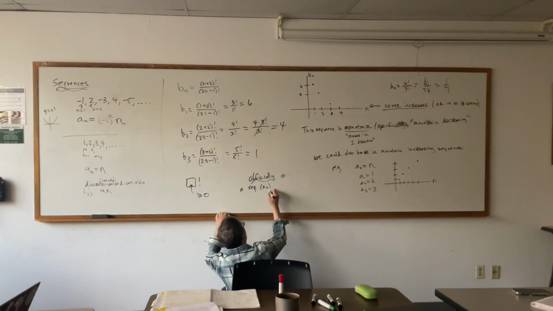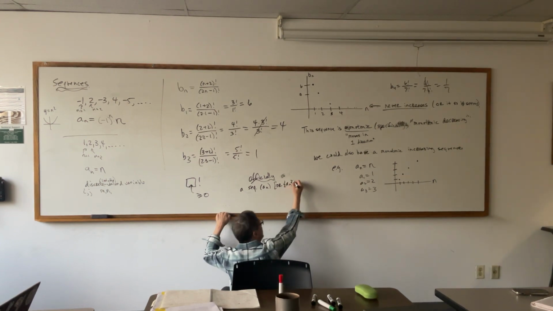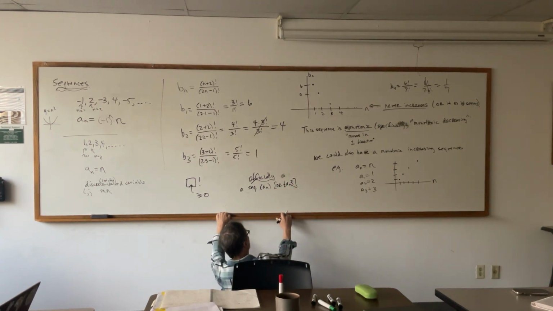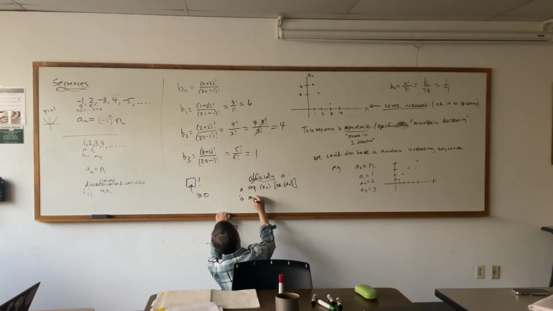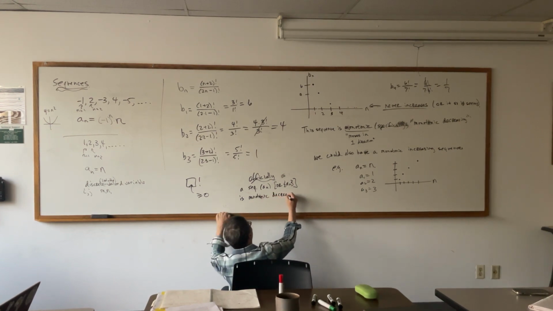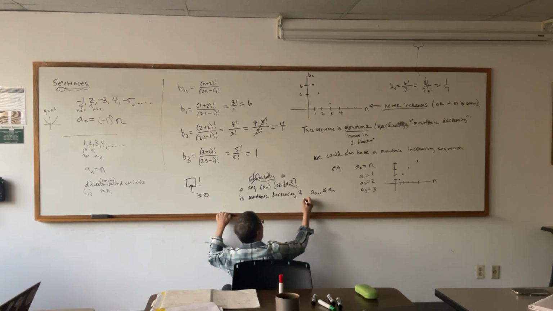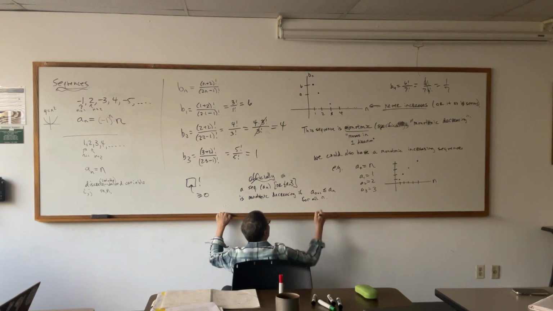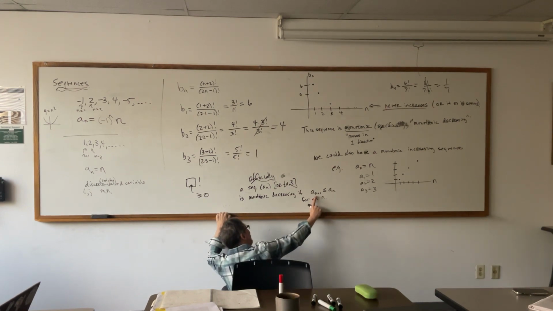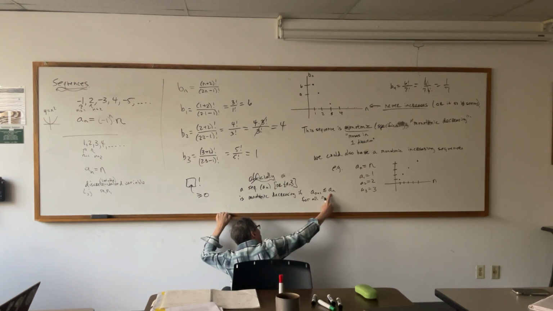So a sequence a sub n, notice this notation, is monotonic decreasing if a sub n plus 1 is less than or equal to a sub n for all n.